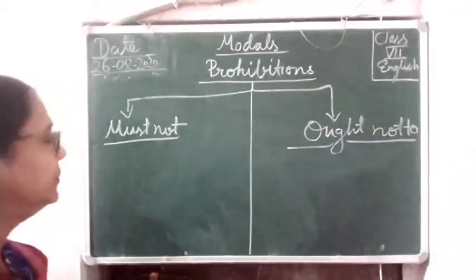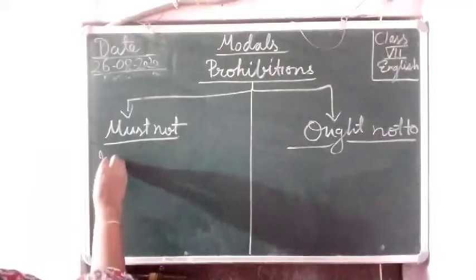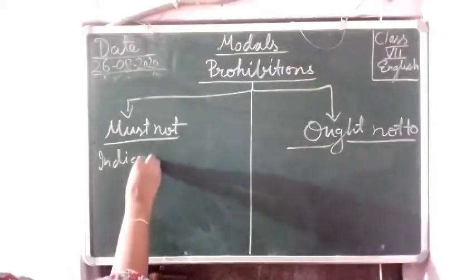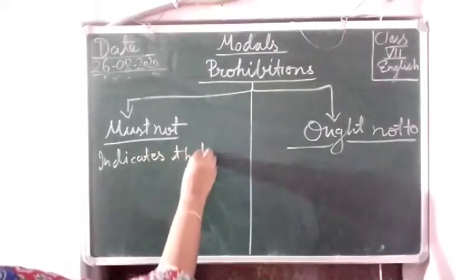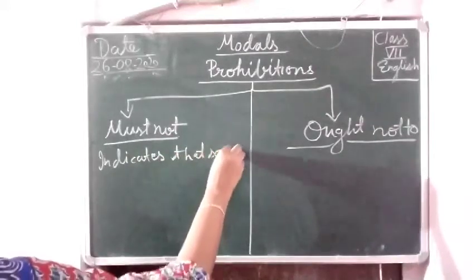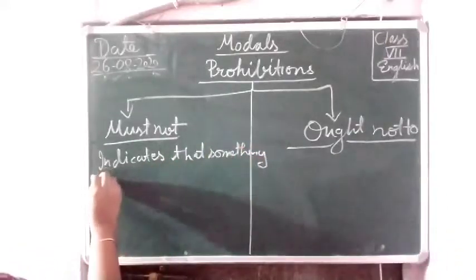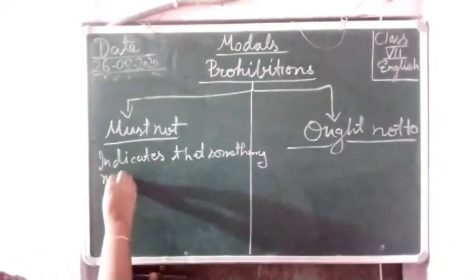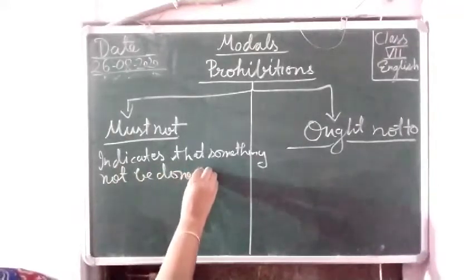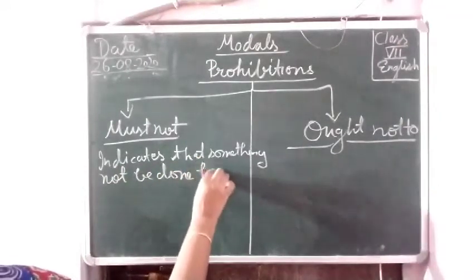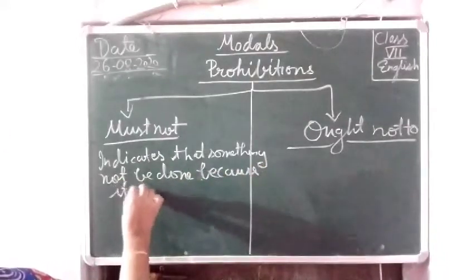First of all, must not indicates that something must not be done because it is a rule.